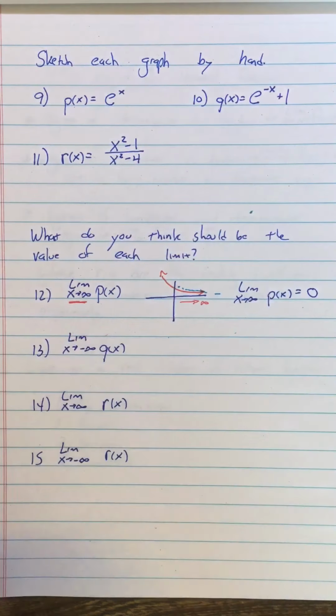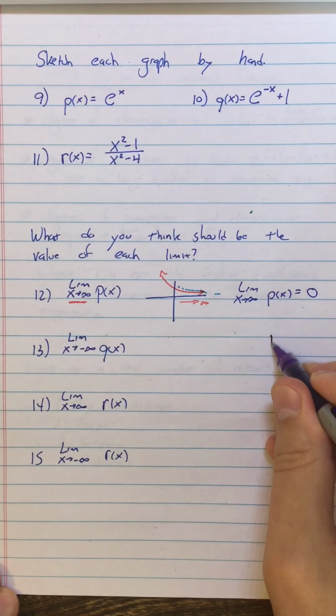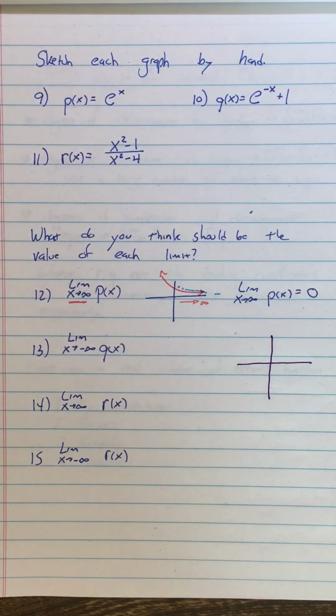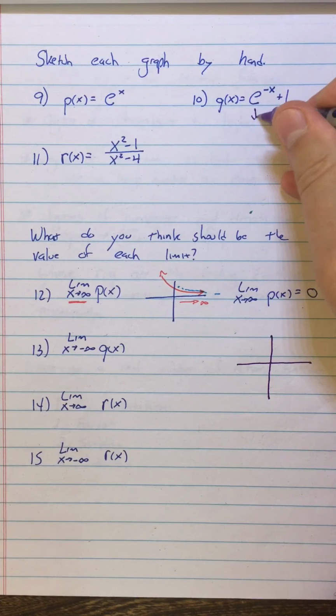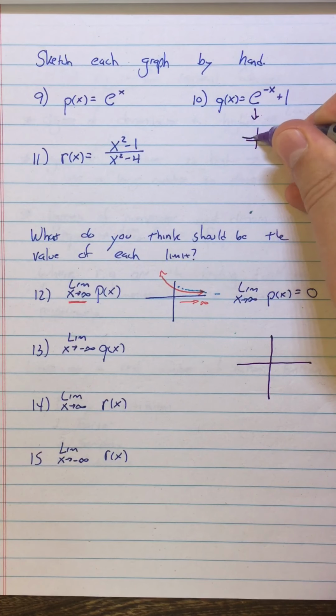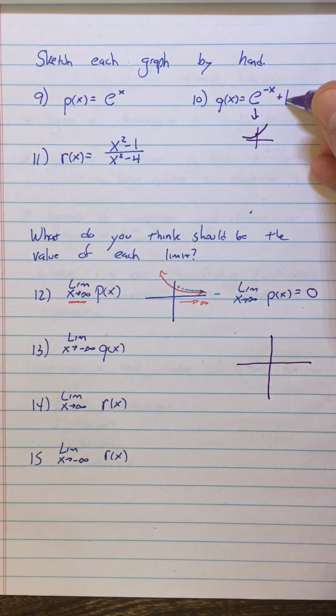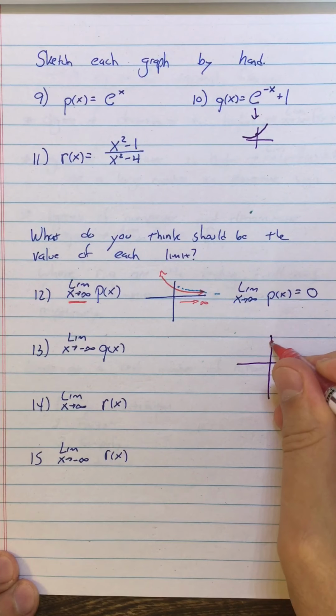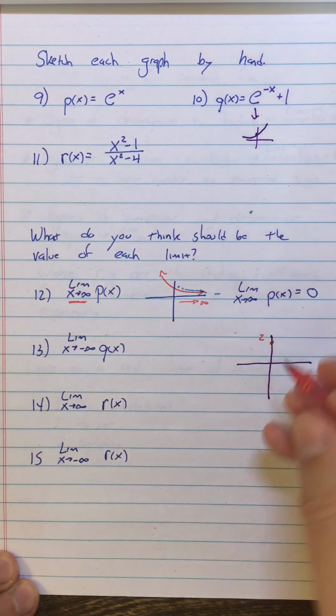All right, next one, a little bit trickier to graph. But knowing the e to the x graph, you can graph it using transformations. All right, so you know that e to the negative x looks like this. And the plus 1 is just going to shift that graph up 1. So that graph is going to have a y-intercept at 2 because e to the x has y-intercept at 1.